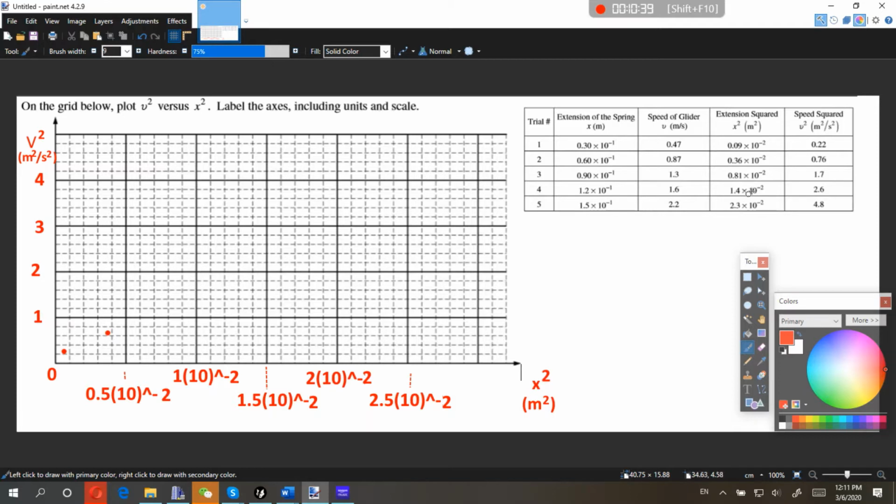And then we just plot it. Point 0.81, 1.7.